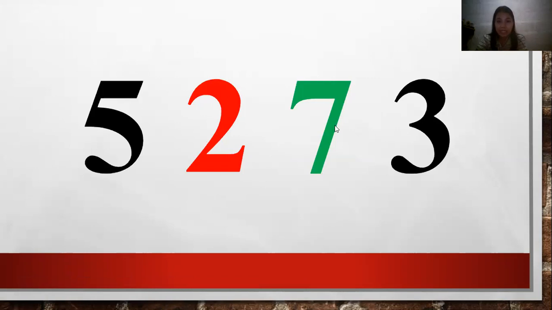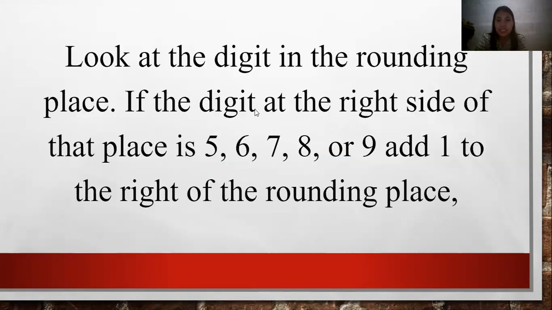Tingnan natin yung right niya. The right side niya po is number 7. Yung nasa right niya is number 7. Malaki. Ang sabi po dito, kapag ang number doon sa right side ni number na i-round off natin ay 5 hanggang 9, 5, 6, 7, 8, 9, mag-a-add tayo doon sa number na i-round off natin ng 1.